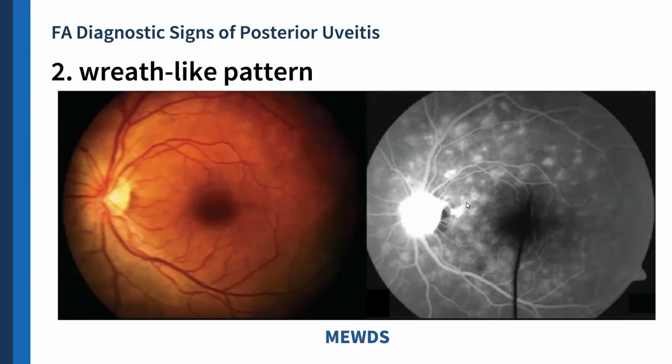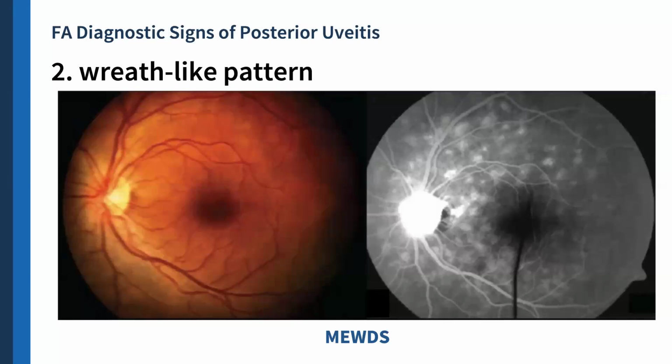In contrast to the earlier set of pictures, this pattern would be early hyper, occurring in a wreath-like pattern. But instead of increasing over time, it just remains that way. So there's early punctate hyperfluorescence and late staining corresponding to the area of the white dots.